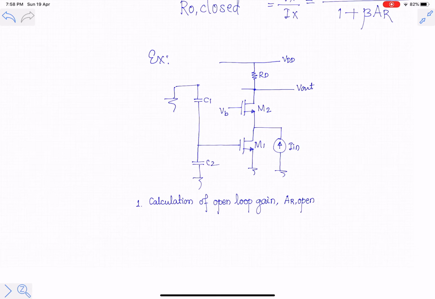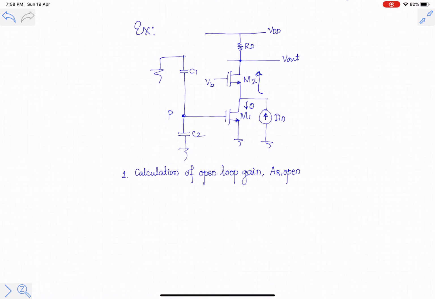When this is done, the voltage at this point P will become 0. If the voltage at point P is 0, M1 will be off. Remember that we are talking in terms of AC quantities only. So M1 will be off. So current I in will go to the output side completely. So this current is 0. So because of this, V out is equal to I in into RD. This is very clear because the current flowing through M1 is 0.